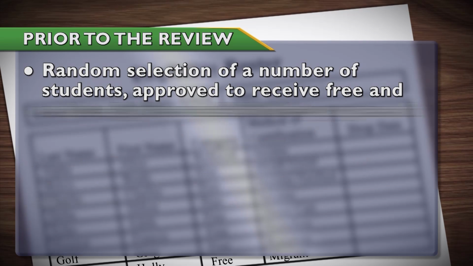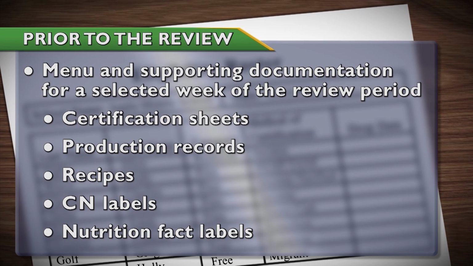The reviewer will ask for menu and supporting documentation for a selected week of the review period. This includes certification sheets, previously known as 6-cent certification worksheets, production records, recipes, CN labels, and nutrition fact labels will also be required. Your reviewer will discuss the process with you.